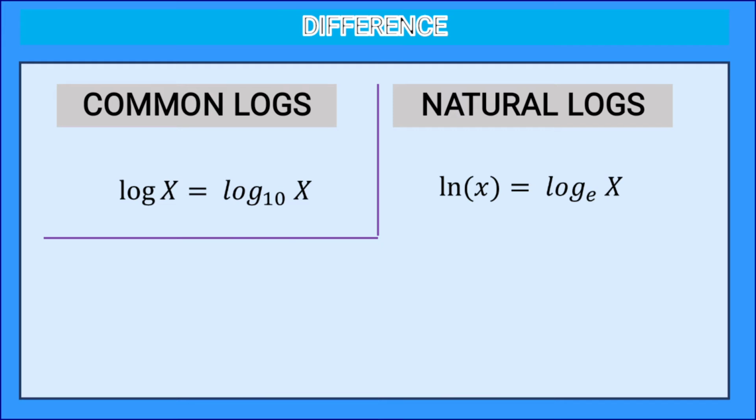And we're going to differentiate between the common logs and the natural logs. In the common logs, we have log of x equals log base 10 of x. And in the natural logs, we have natural log of x equals log base e of x.